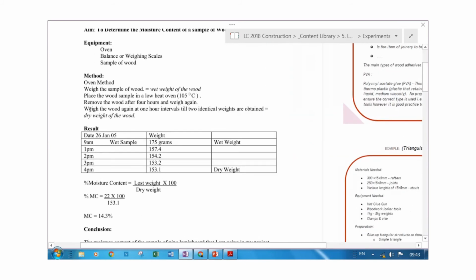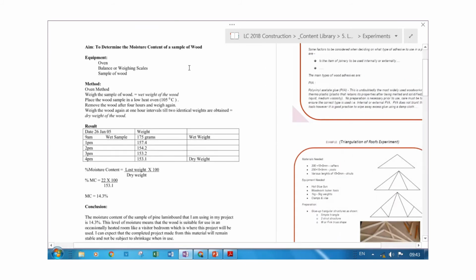So the first one here is to determine the moisture content of a piece of wood. So what you're doing here is you're getting a couple sample pieces of wood and then you're putting them into different situations. So basically what you're doing here is you put it into an oven, low heat, 100 degrees Celsius for a set period of time and then weighing them.